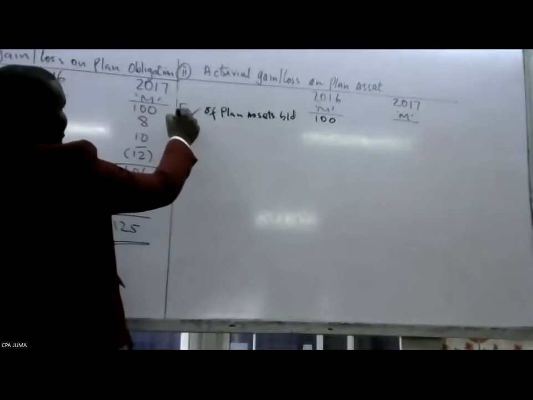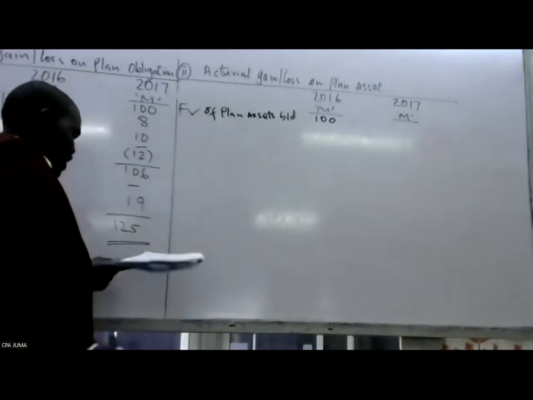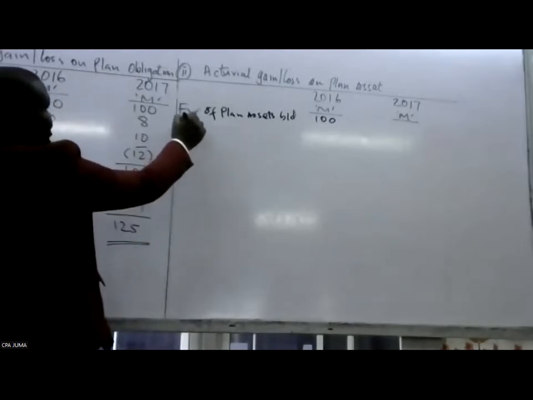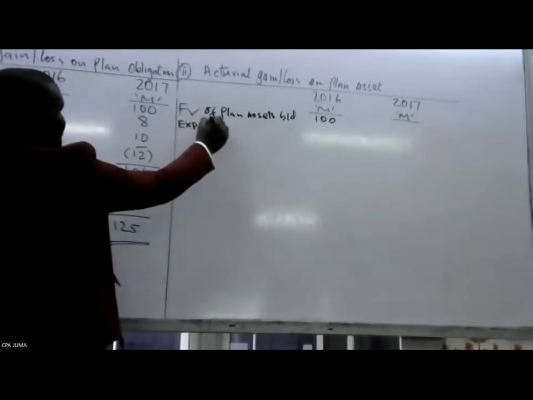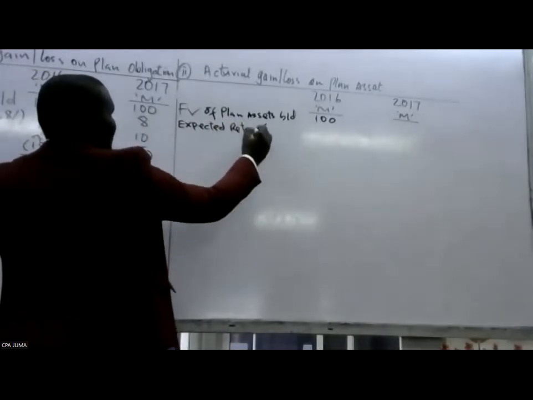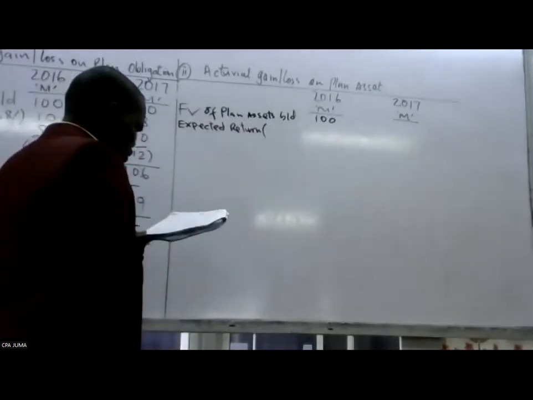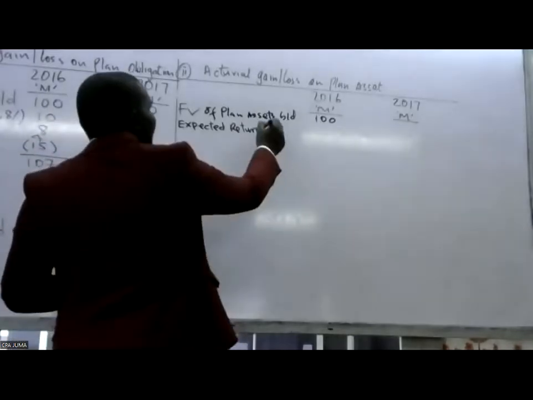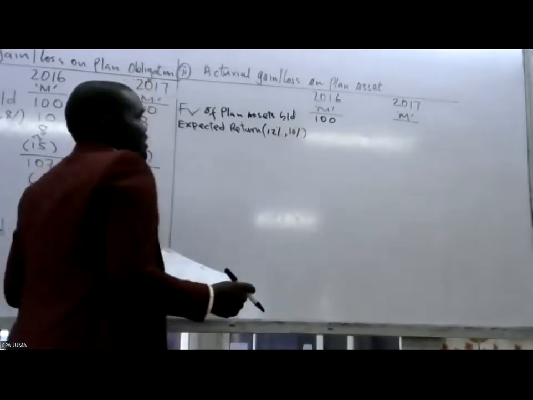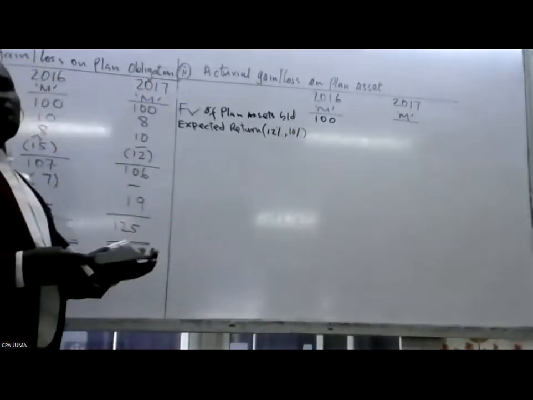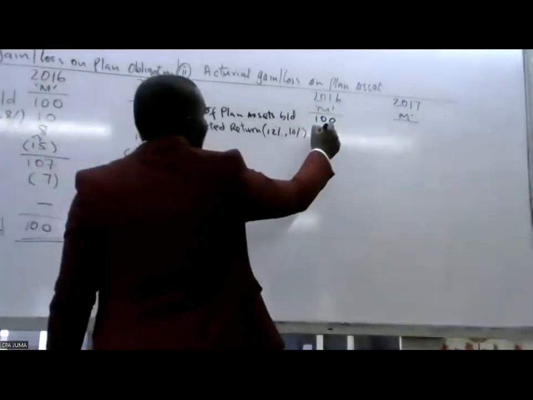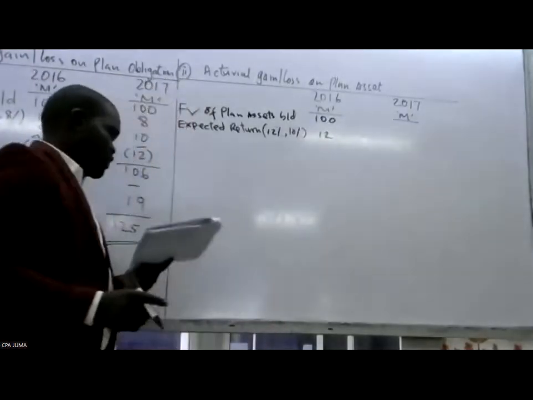Then there will be expected rate of return. Expected return should be annual. So based on the opening, 12% and 10%. So 12% of the opening gives us 12.